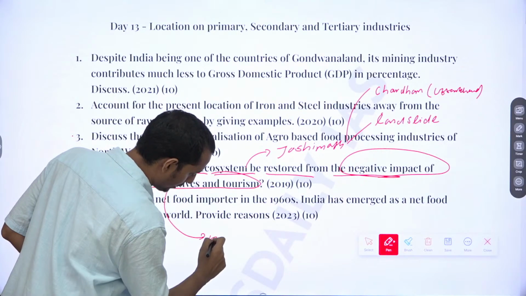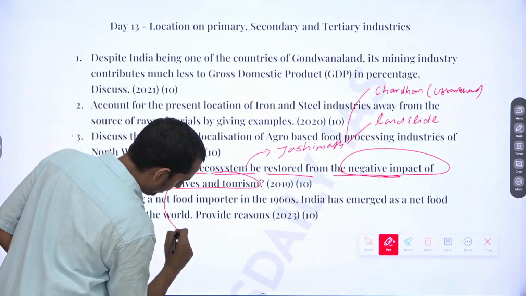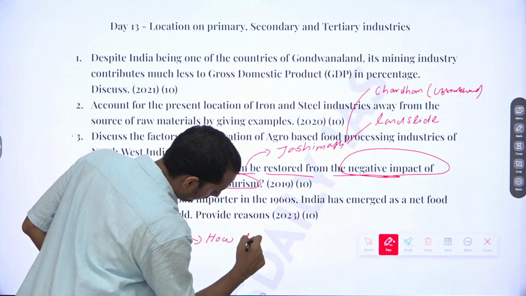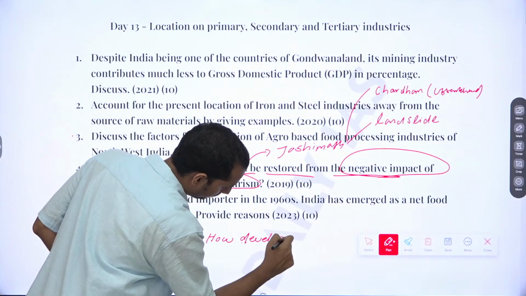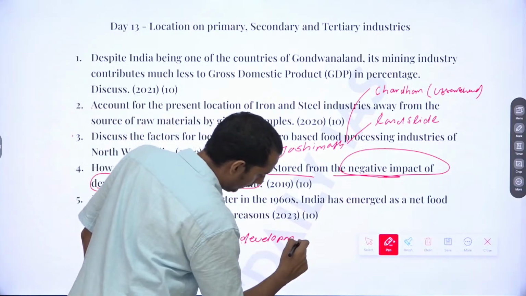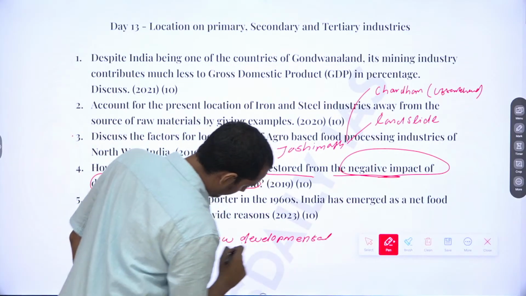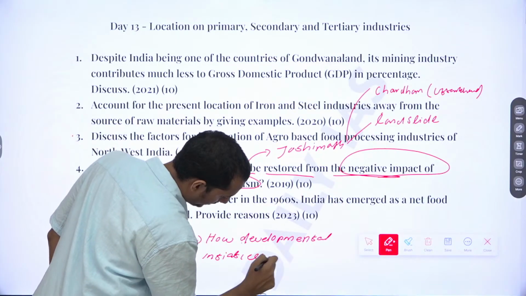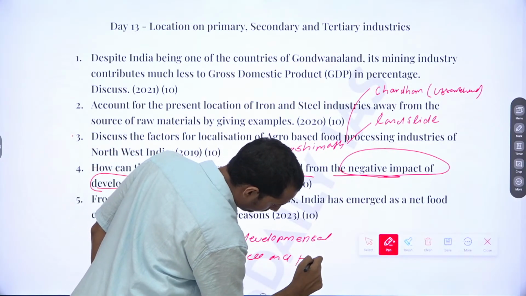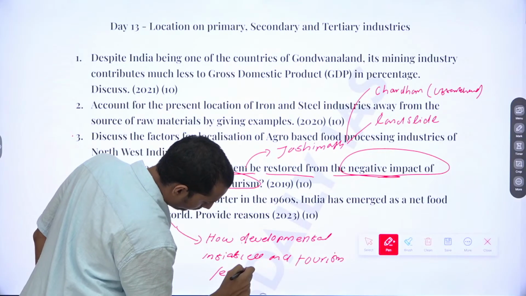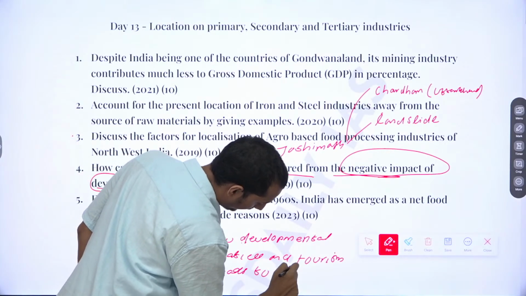So you have to mention basically how developmental initiatives and tourism lead to degradation of the mountain ecosystem.